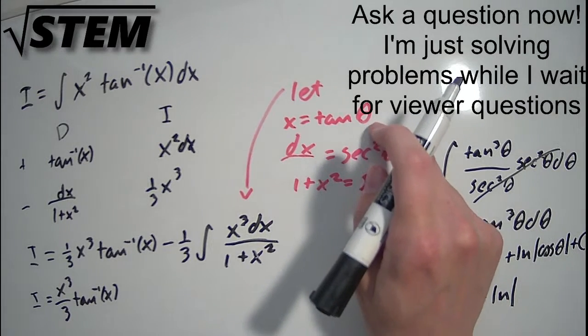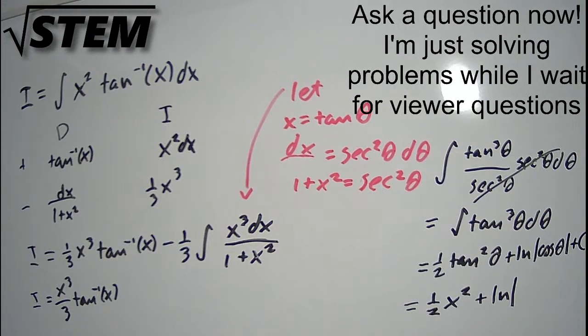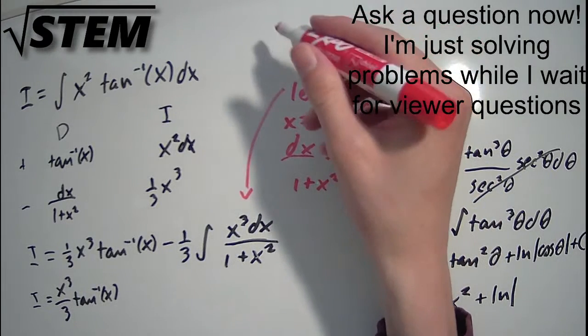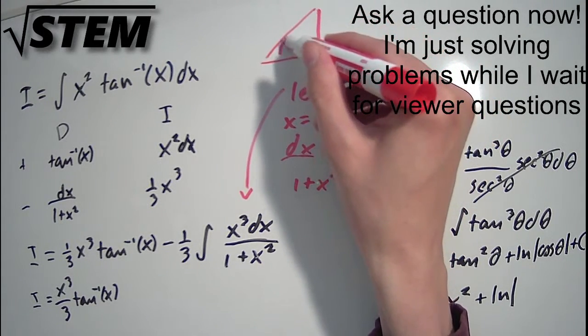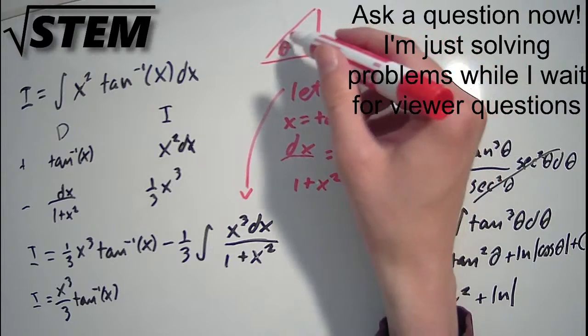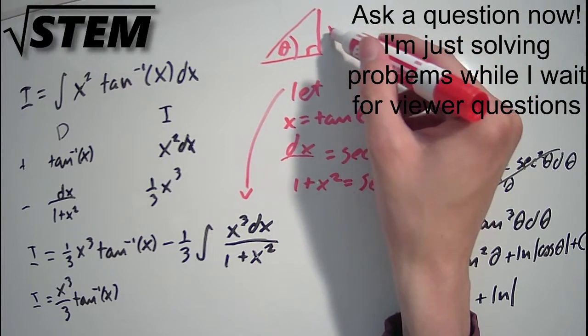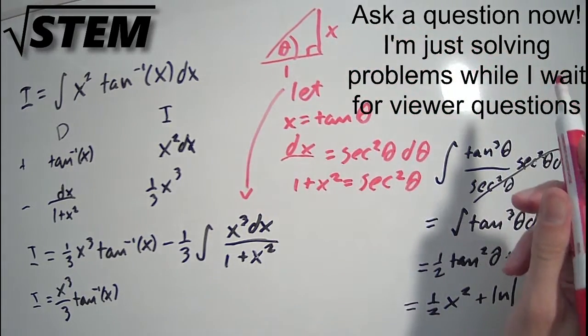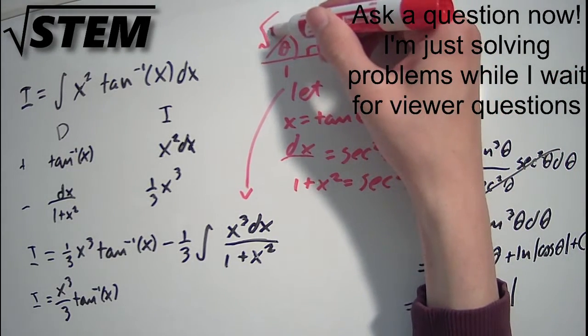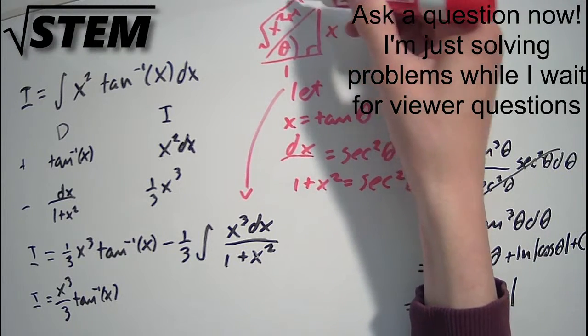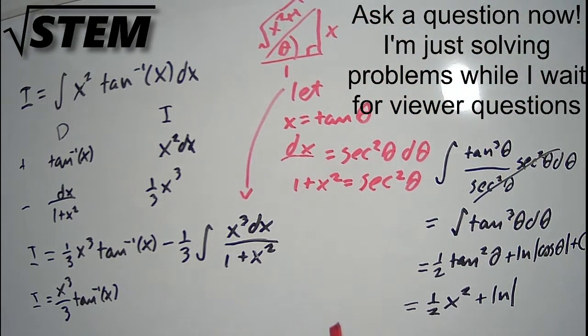Okay, so right here, if x is the tangent, it's the opposite over the adjacent. So theta, tangent is opposite over adjacent, and then the hypotenuse is x squared plus 1, or the square root of that.